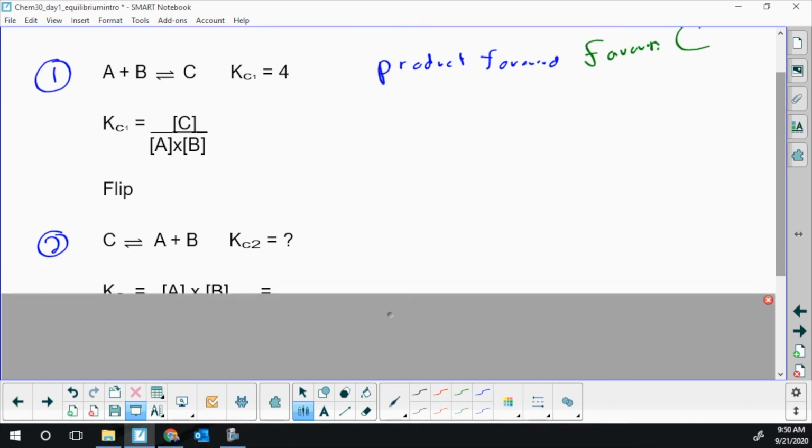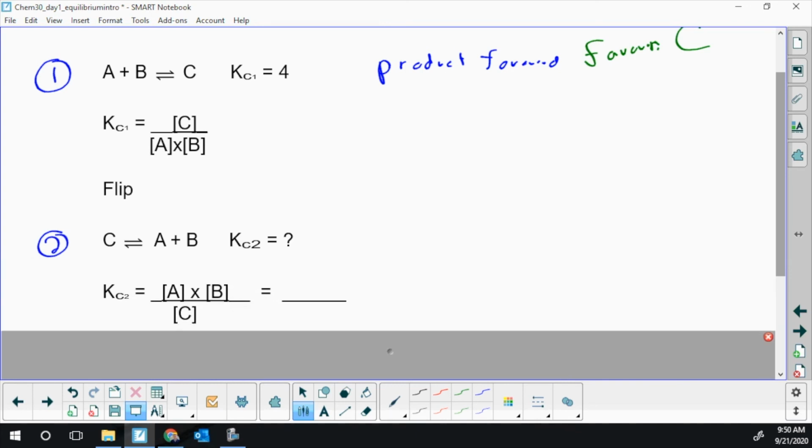Well, let's look at the equilibrium law expression, which is products, A times B to the first power divided by our reactants, which is C. And then my question for you, and I know once you're done writing, is how does Kc2 and that expression mathematically relate to the first one?